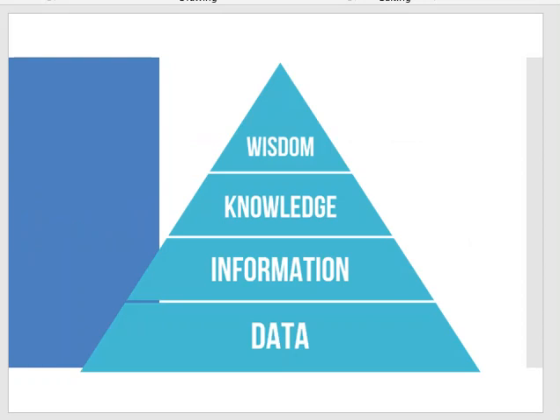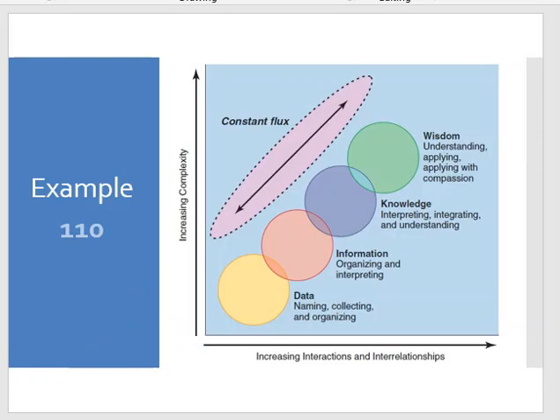This slide is a good picture or infographic of the hierarchy of the elements of informatics. So we start with data and move up to wisdom. And on this slide is a picture from your textbook, which shows how the 4 components work in increasing complexity within interactions and interrelationships. So an example would be 110. What is 110? This is data, right? It's a number.